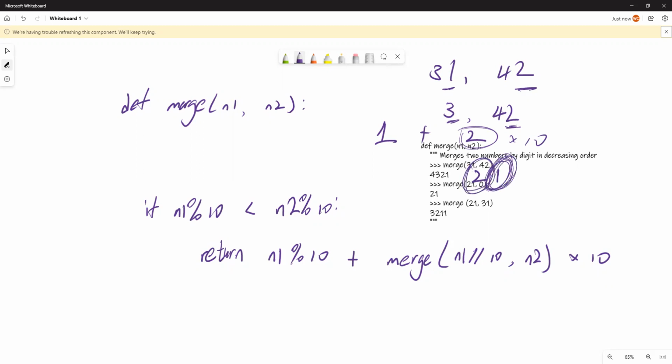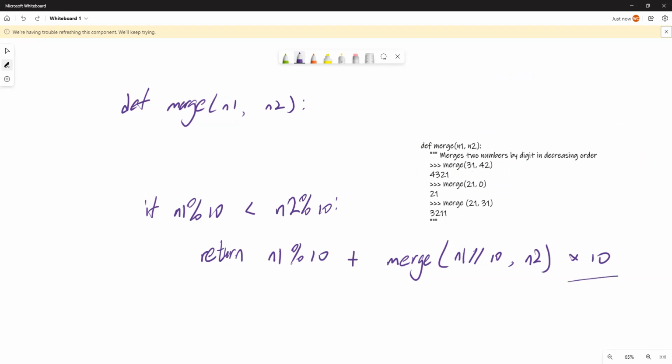And the next one, if you keep adding other recursive calls, you're still multiplying by 10. So each time you call the function itself, remember to multiply by 10, so these two numbers won't conflict, they won't meet together.